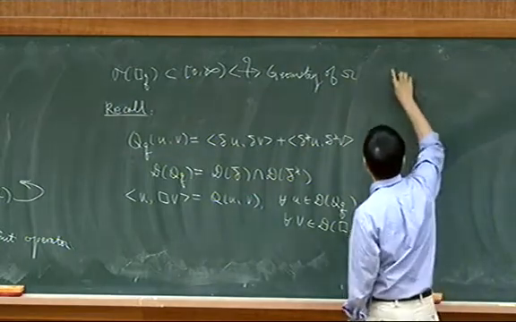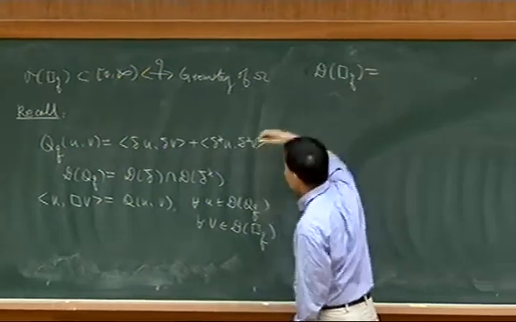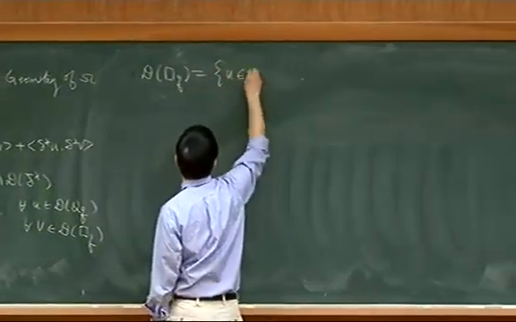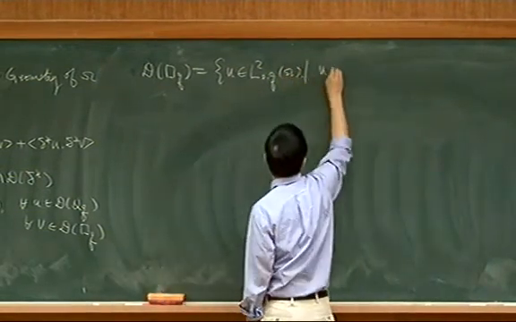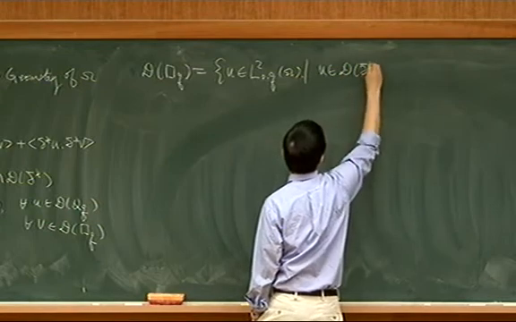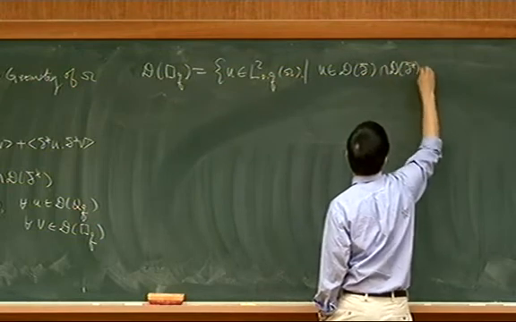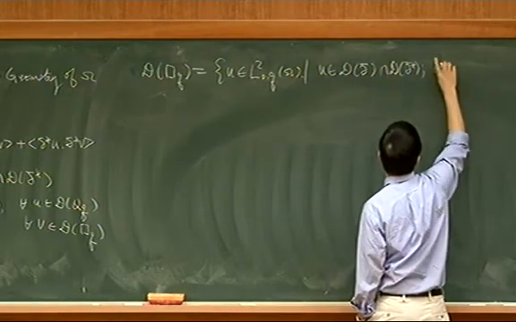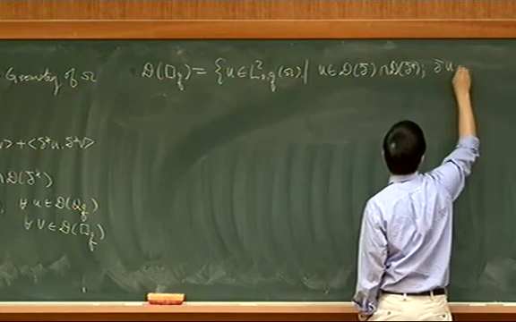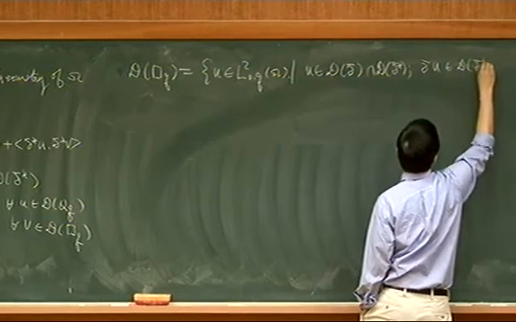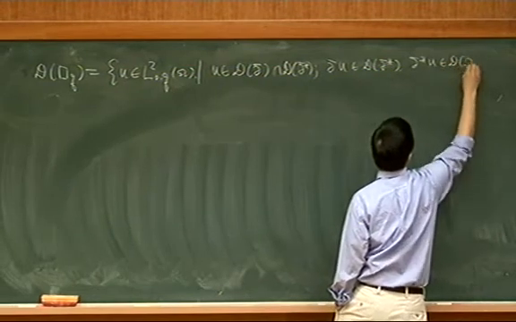So the domain of the dbar-Neumann Laplacian is, of course, by definition, all the u's in (0,q) forms so that u is in the domain of dbar and dbar star, and dbar u is also in the domain of dbar star, and dbar star u is also in the domain of dbar.